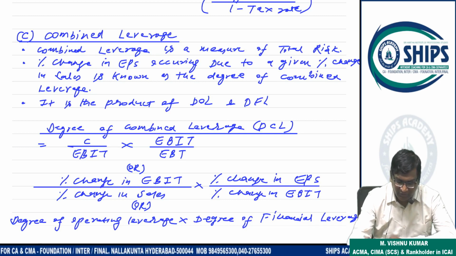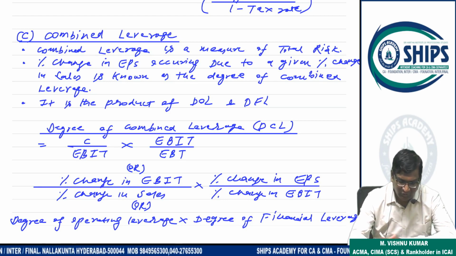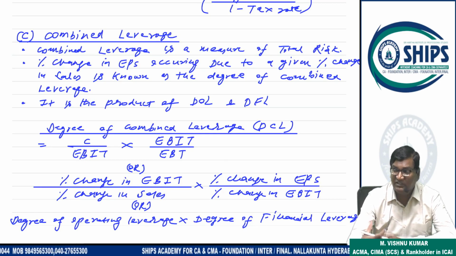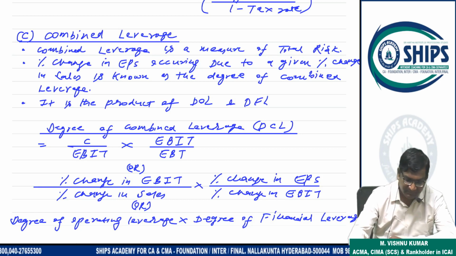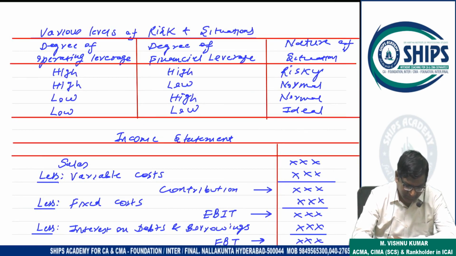So in the things you can control, in that area you can take the risk. Here also, the things which are in the control of the organization, accordingly they will take the risk, because sometimes it will have an adverse effect also. Now, various levels of risk and situation.